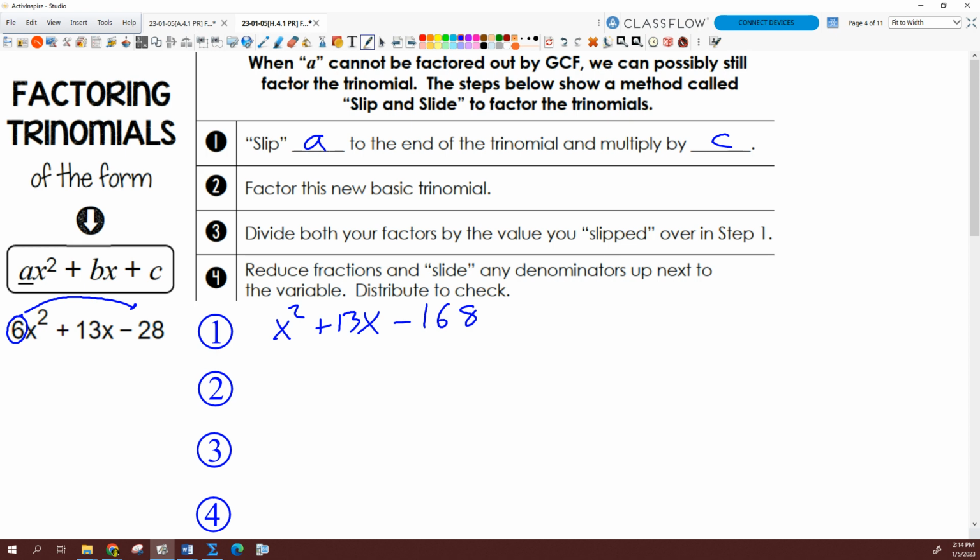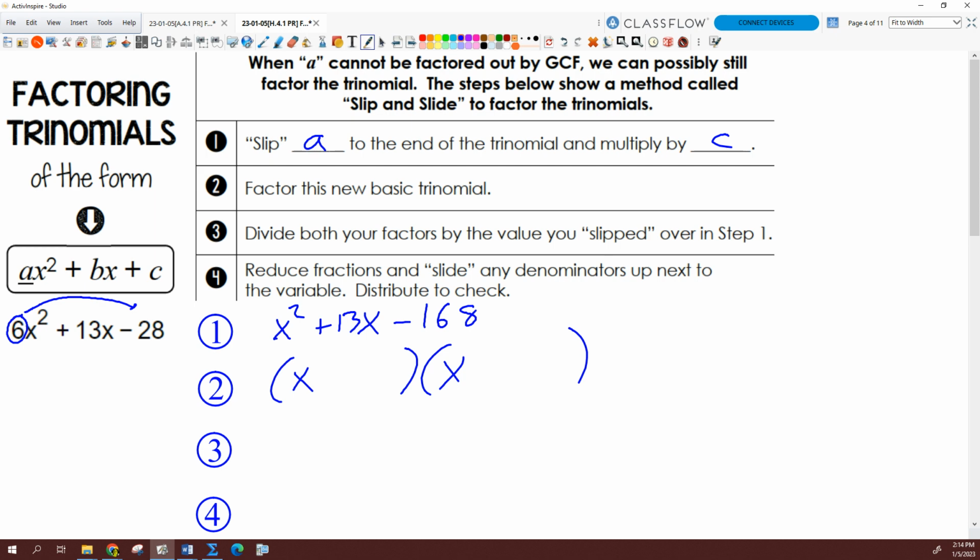Now the advantage of this is that it gives you a basic trinomial where a is equal to 1, and we just find magic numbers the way we did in the last few examples. So we have to factor this new basic trinomial. That's an x and that's an x. We have to see if magic numbers exist that multiply to negative 168 and add to 13.